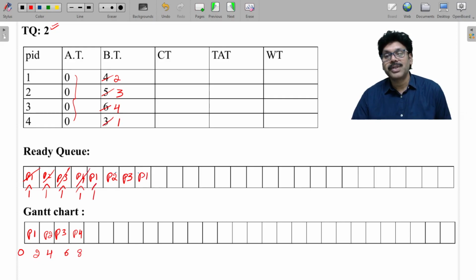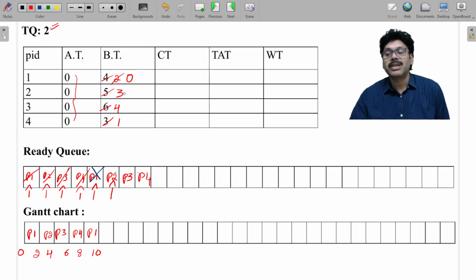Right now the head of the queue is P1. P1 requires how many? 2. Yes, it got completed. So P1 is executed, and you can remove that P1 from the queue. Now this is P2.